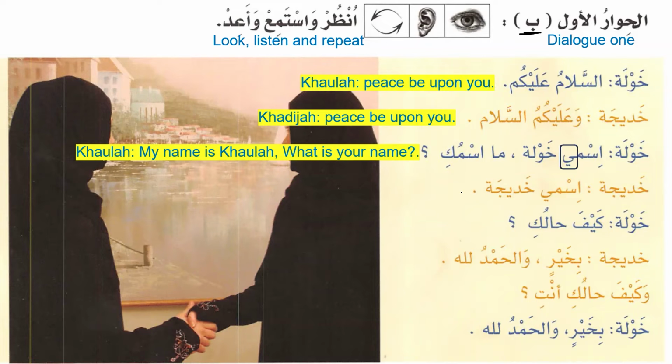Now, if you see over here, ismi, so ya means my, and when you say ki, you can see that the vowel sign has changed, and we need to be very careful. The vowel signs play a very significant role in the Arabic language. Changing the vowel signs means changing the gender and also the meaning as well.